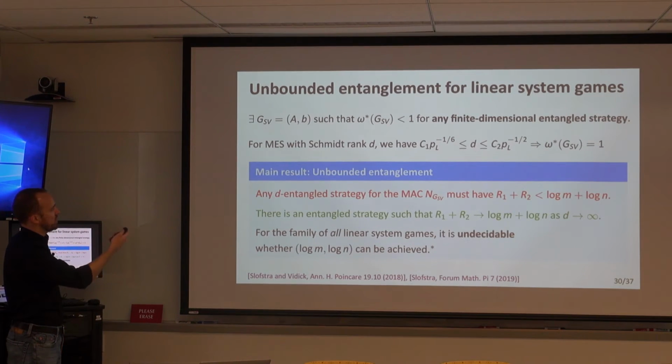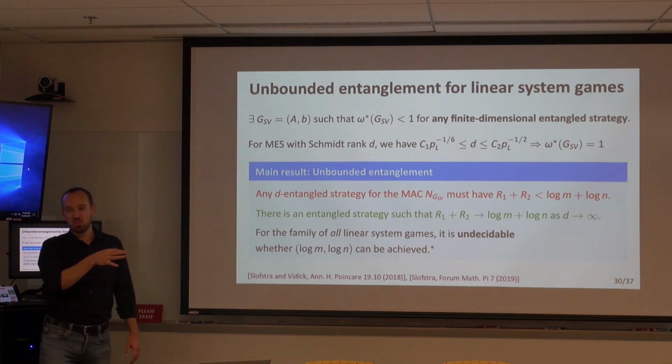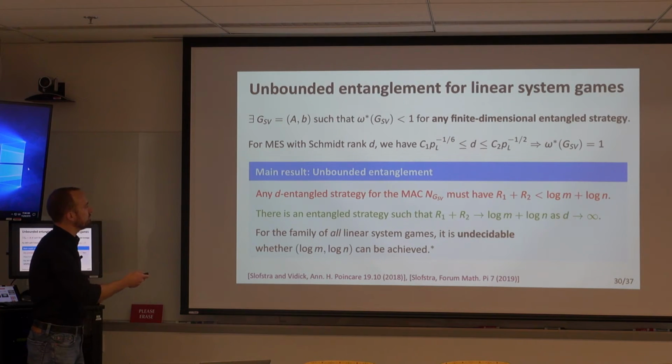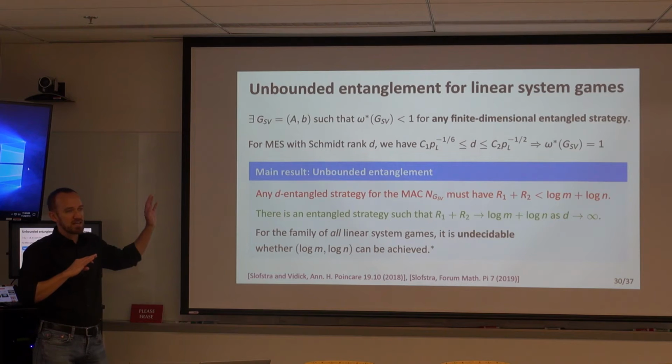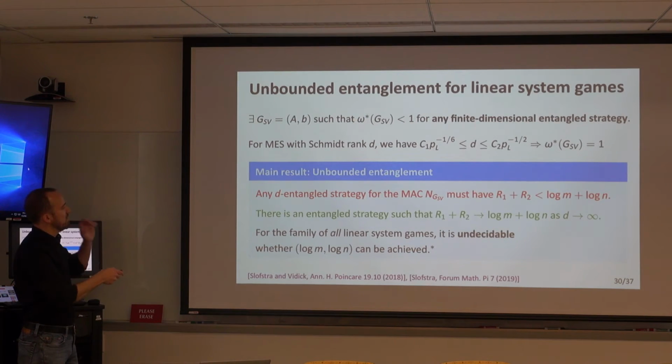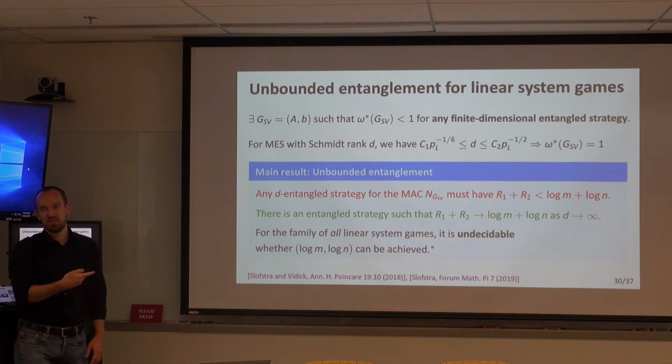They showed that the quantum value for this game is strictly bounded away from 1 for any finite-dimensional quantum strategy. And then they made this quantitative and showed that you need a maximally entangled state, and for the Schmidt rank D of that state, you have the following relations on the losing probability in terms of the Schmidt rank.